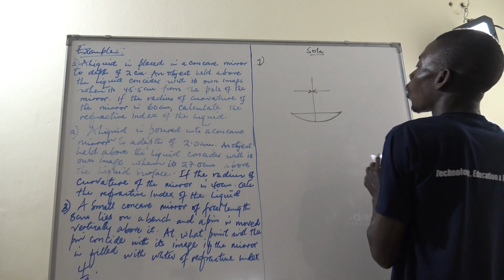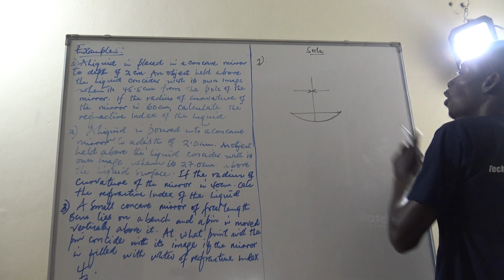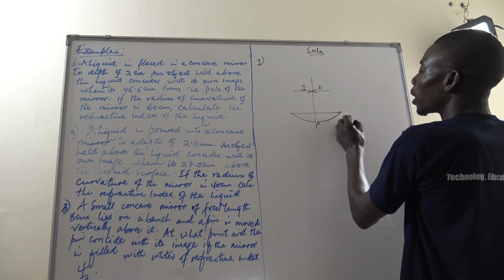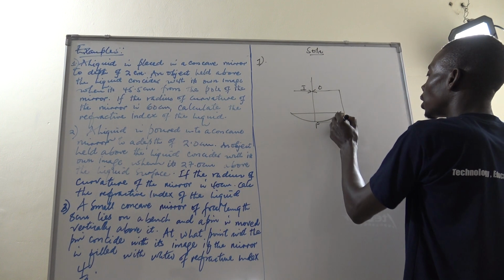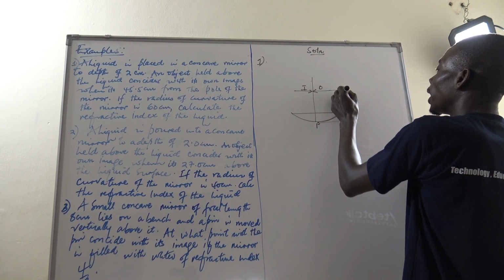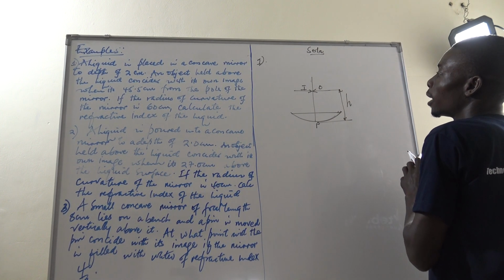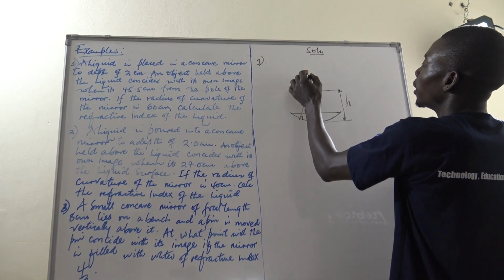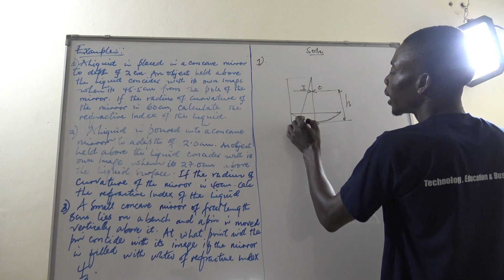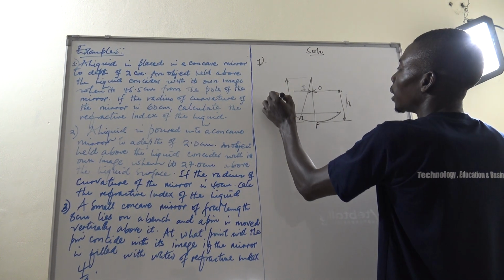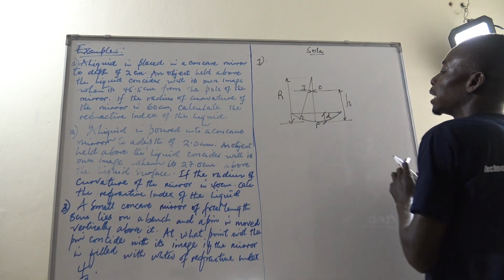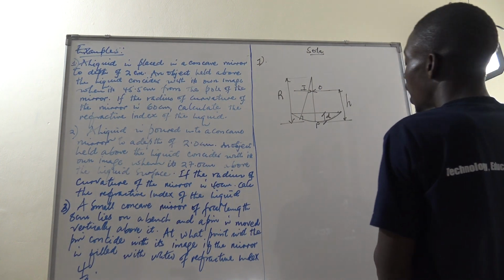That point of coincidence of the image and the object, measured from the pole here, is what we are calling H. And then the radius of curvature is what we are calling R. And then D is the depth of the liquid.